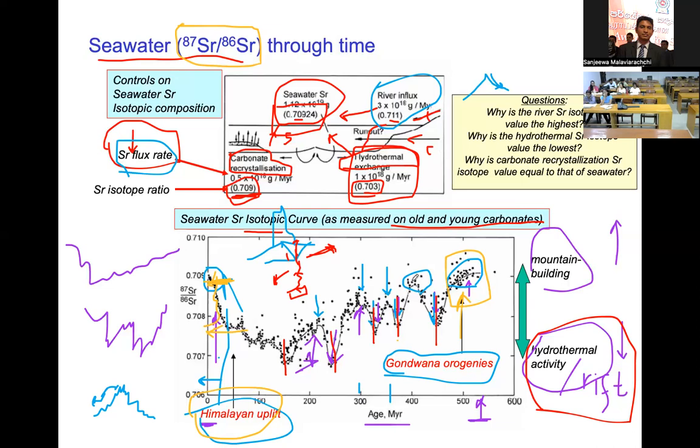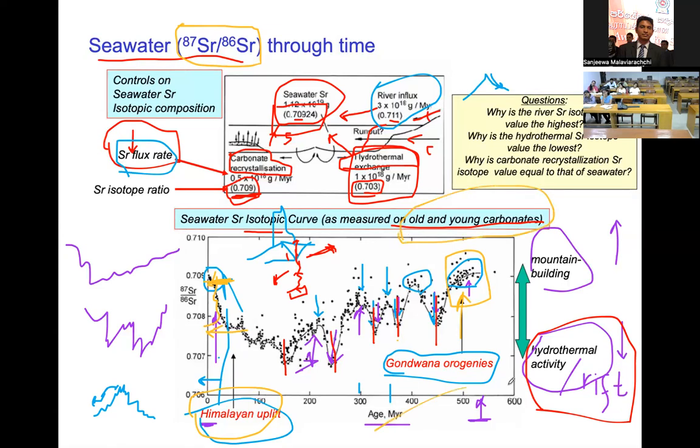So how are these isotopic compositions determined? Because at 400 million years ago, do we have seawater with us to measure and find out what it is? No, we don't, right? But how can you measure them? Assuming it is the same isotopic composition as the seawater, you can use old and young carbonates.